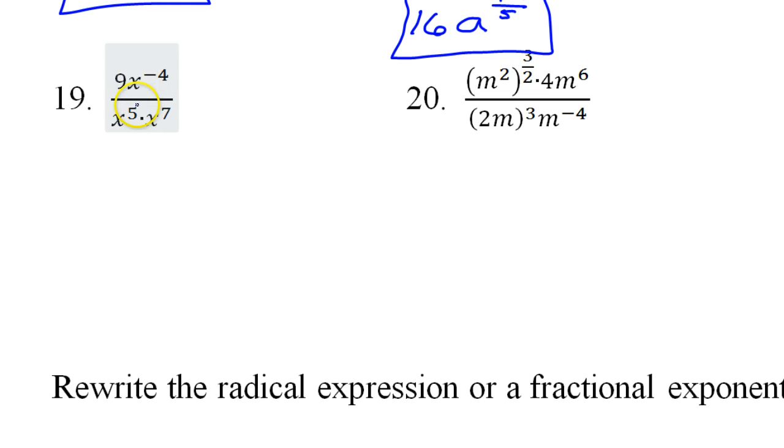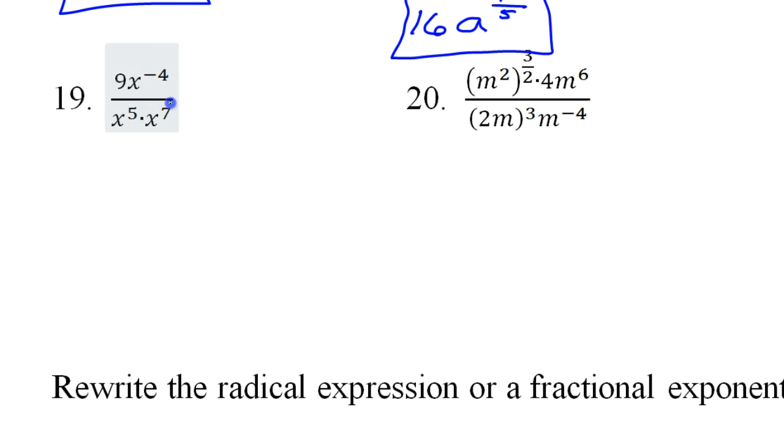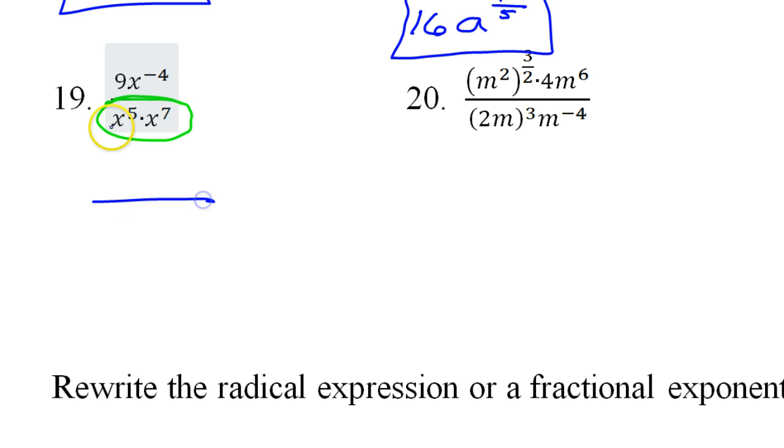Alright, so we got lots of choices here. Let's go ahead and deal with this denominator part. Let's go ahead and do this aspect of the problem. So, when you do x to the 5th power times x to the 7th power, you add those exponents.